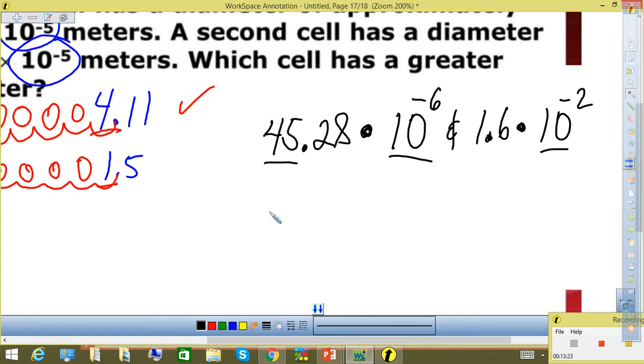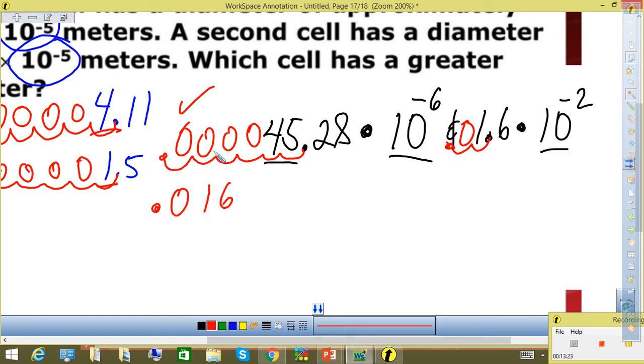Therefore, watch, let's compare. This one is 6 times, so that means I'm going to go 1, 2, 3, 4, 5, 6. How many zeros? 4. Okay? Let me do this one. Twice. 1, 2. How many zeros? 1. Therefore, which number is greater, this one or this one?